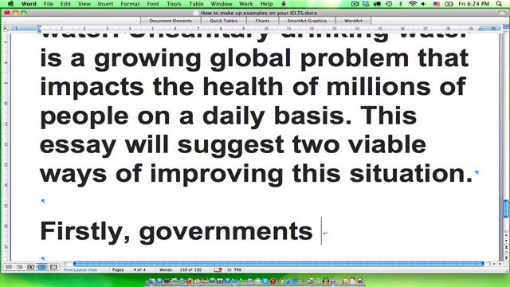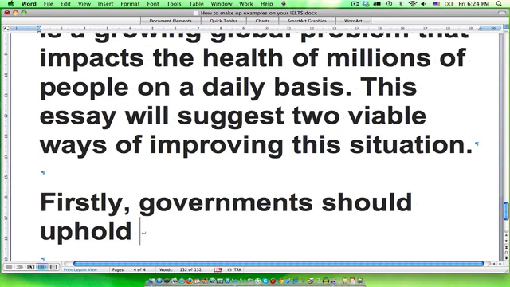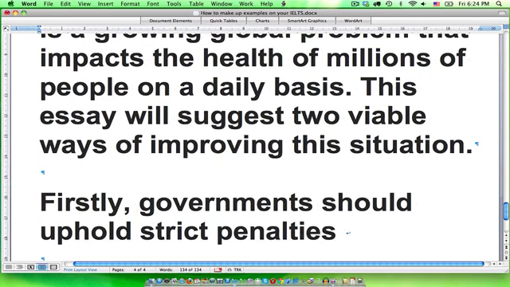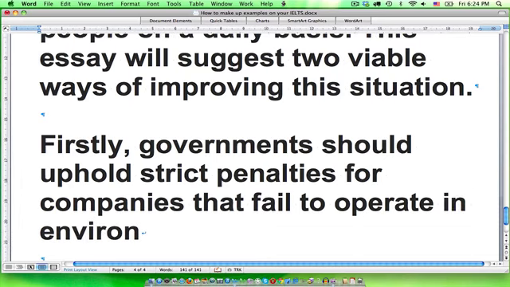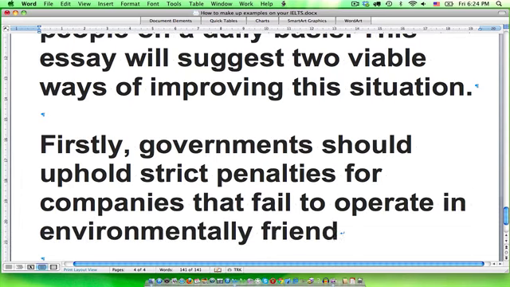So firstly, governments should uphold, let's say, strict penalties for companies that fail to operate in environmentally friendly ways, let's say. Okay.